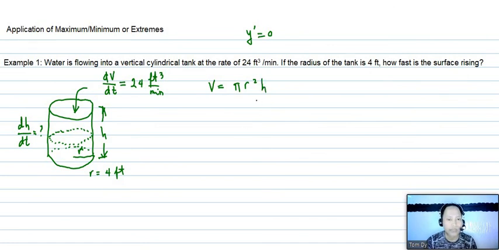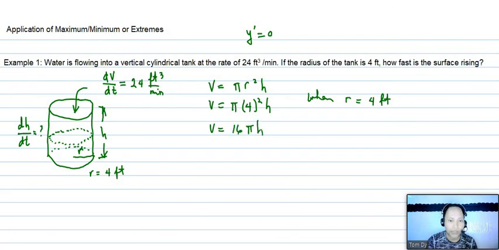When r equals 4 feet, we substitute the value of r as 4, so that the volume is equivalent to pi times 4 squared times height. So that is 4 times 4, that is 16 pi times height.